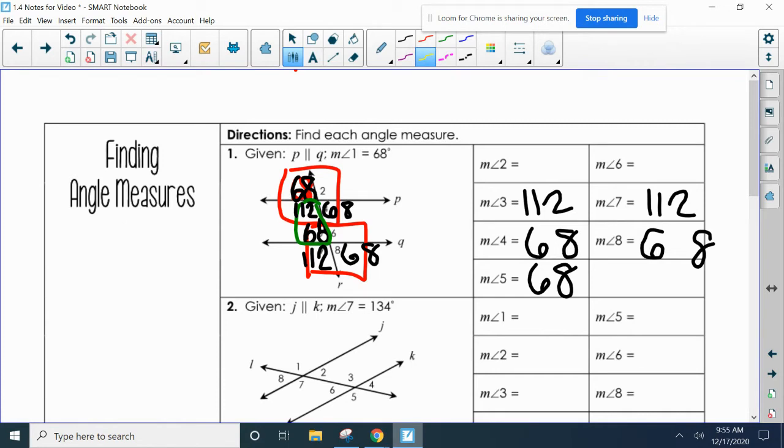How about this? I know 1 and 2 form a straight line, and a straight line is 180 degrees. So 2 has to be 180 minus 68, which is 112. So 2 is 112. And then I know 2 and 6 are both top right of their set of 4. So they're corresponding. So 6 is also going to be 112.